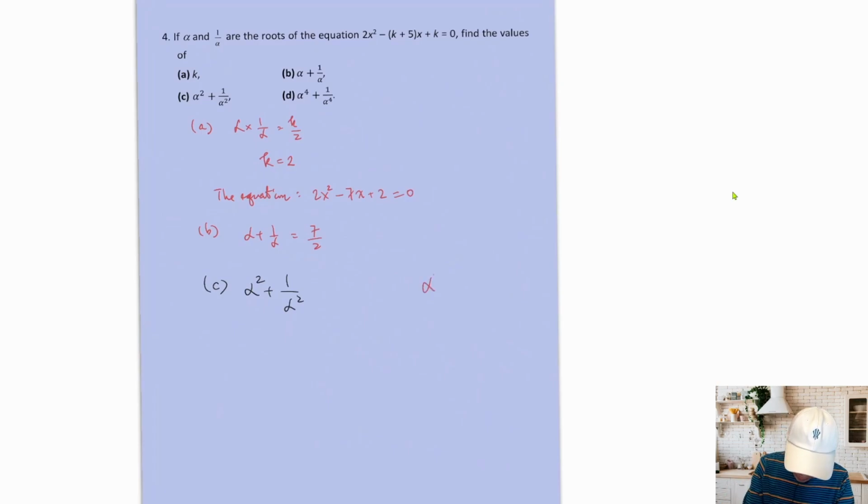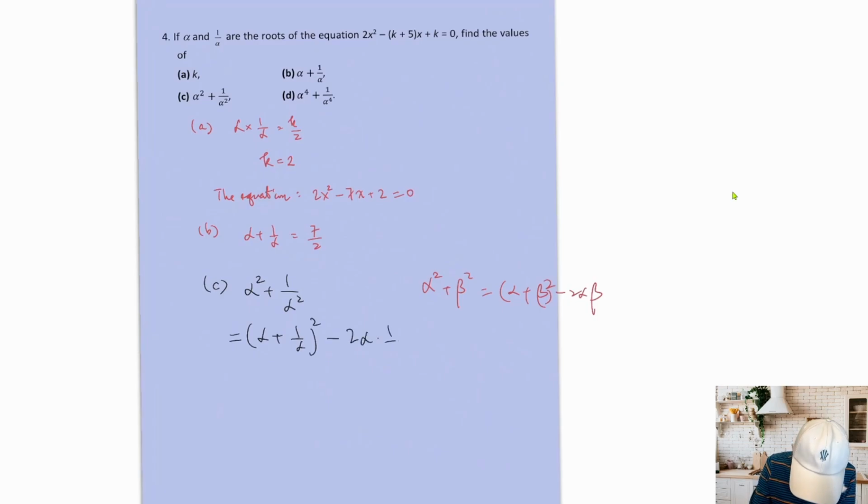If it is in the form of alpha squared plus beta squared, we can use the formula we have remembered. We try to use the same way, but instead of beta we have 1 over alpha. The formula is alpha plus 1 over alpha, squared, minus 2 alpha times 1 over alpha.